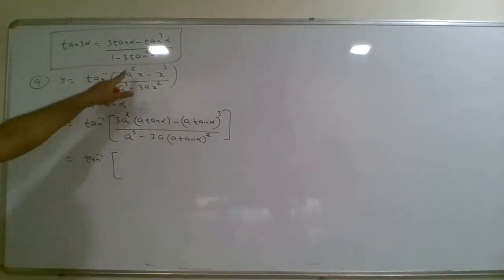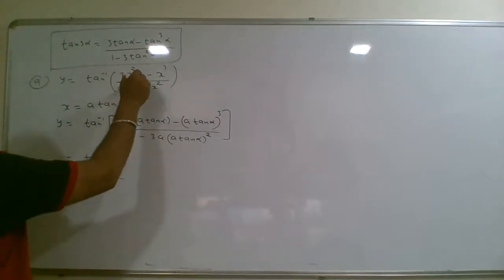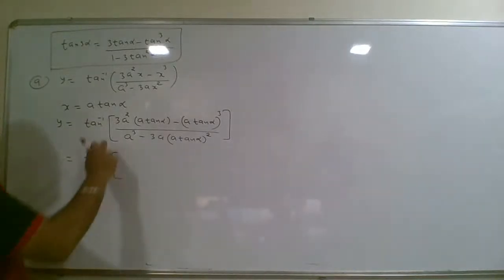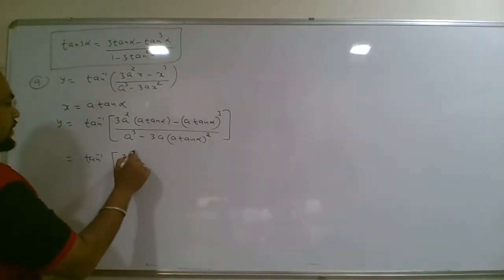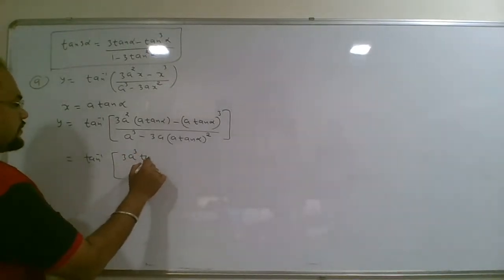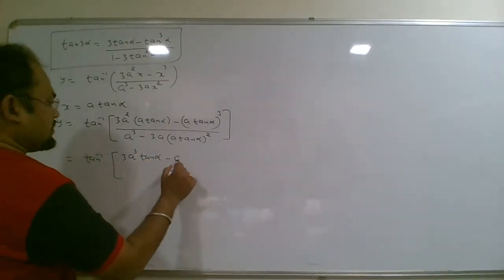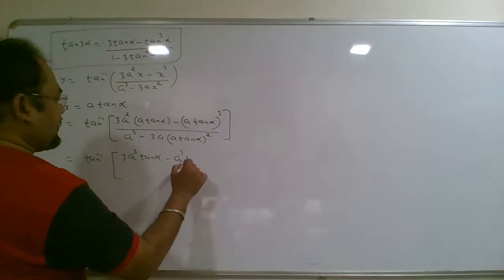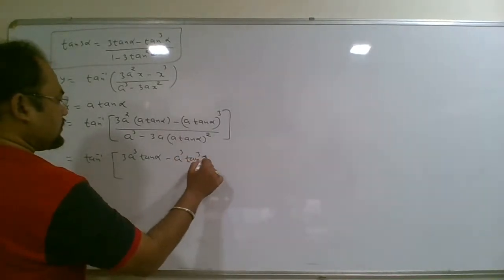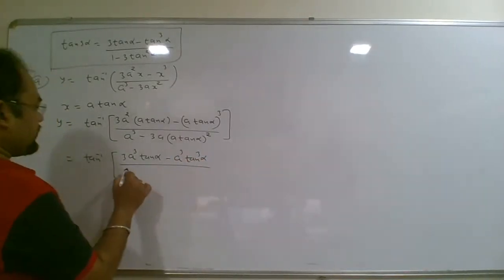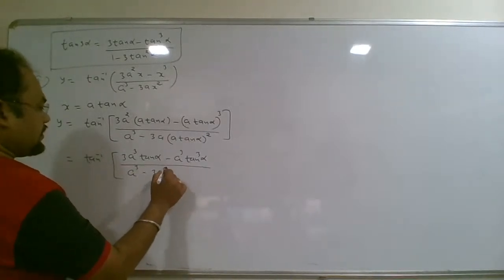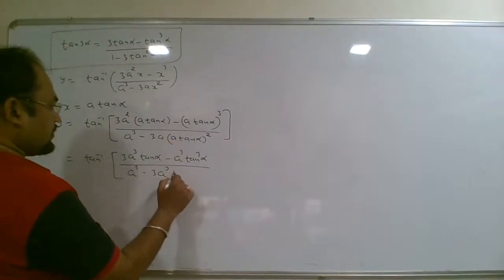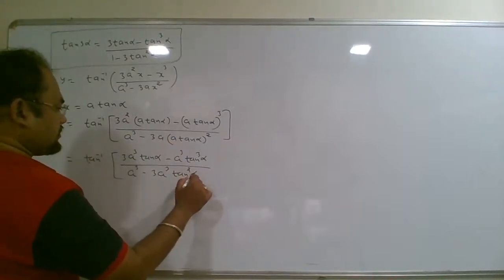Putting x equal to a tan alpha in place of x. Now simplify this. 3 a cube tan alpha minus a cube tan cube alpha, whole divided by a cube minus 3 a cube tan square alpha.